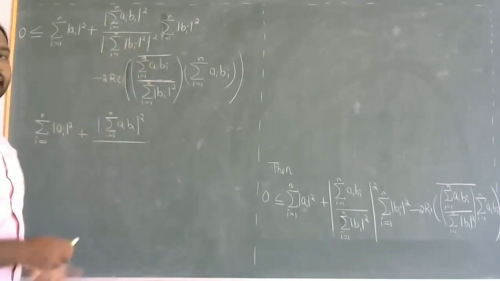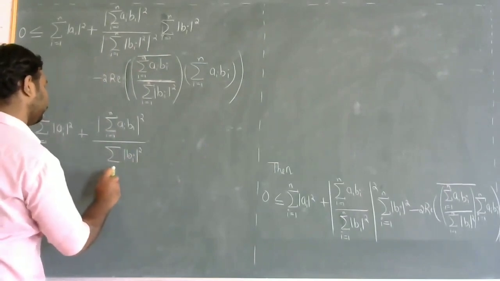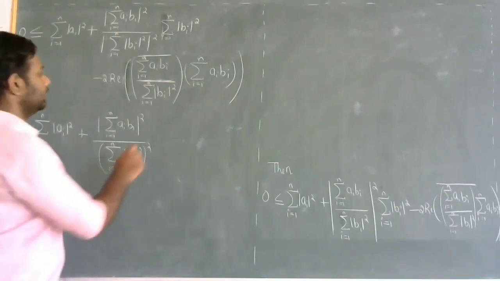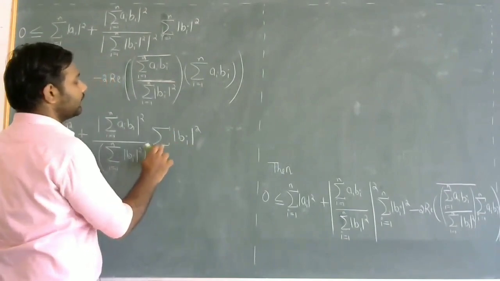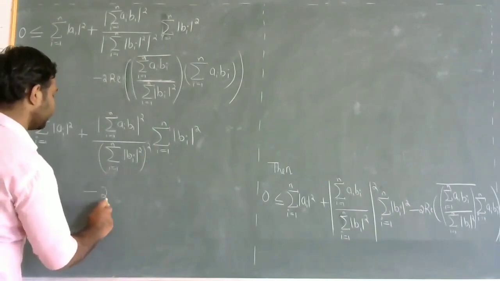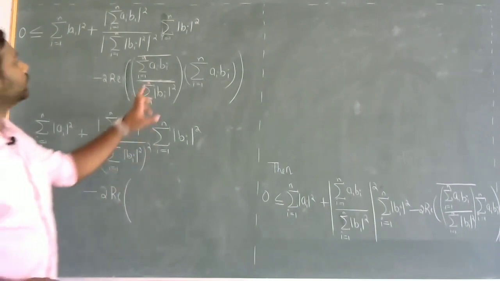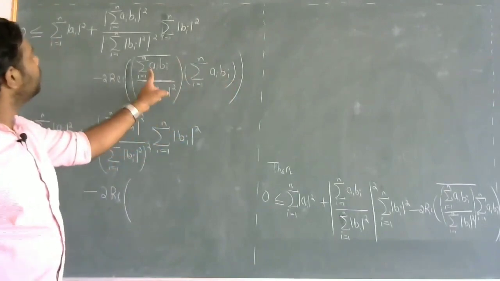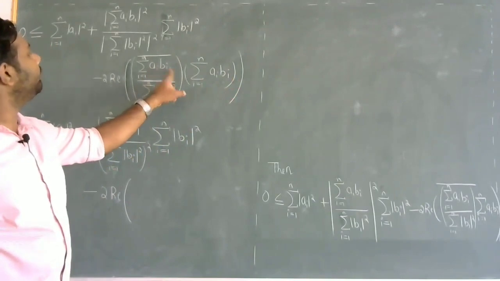So the modulus of a non-negative number is itself, and we have square, so square is retained as it is, into the number modulus of summation modulus of bi whole square, i running from 1 to n, minus 2 times real part of, you can observe here, this number summation ai bi into summation ai bi bar.